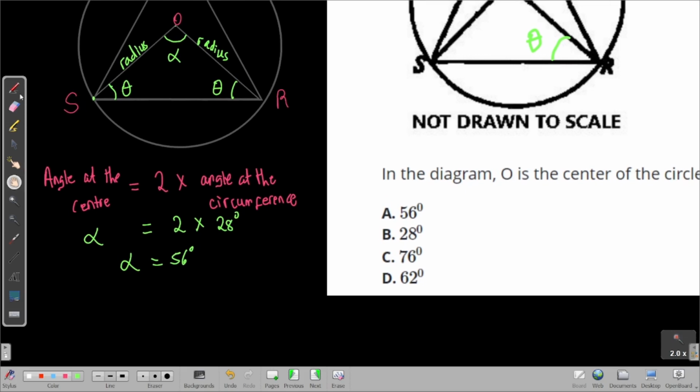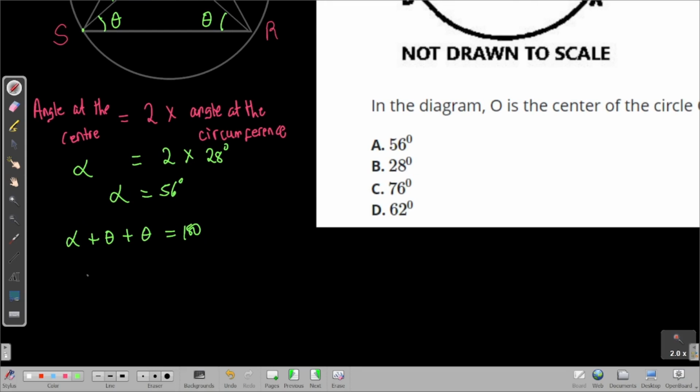So we can just use the sum of angles in a triangle. What's the sum of angles in a triangle? 180 degrees. So all of this is equal to 180 degrees. We have that 56 plus 2 theta is equal to 180. Then theta is (180 minus 56) divided by 2, and that will give me 62 degrees.